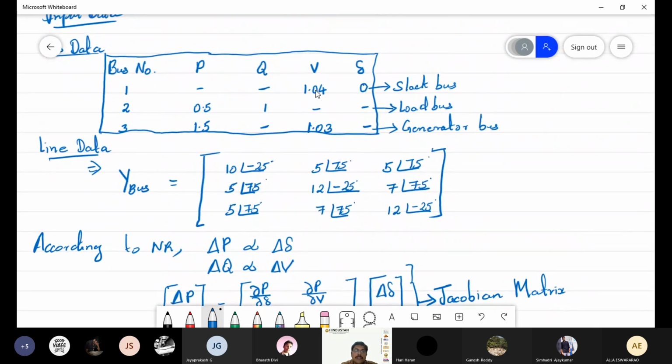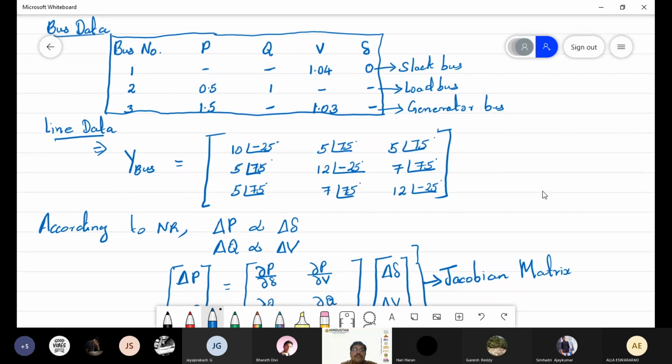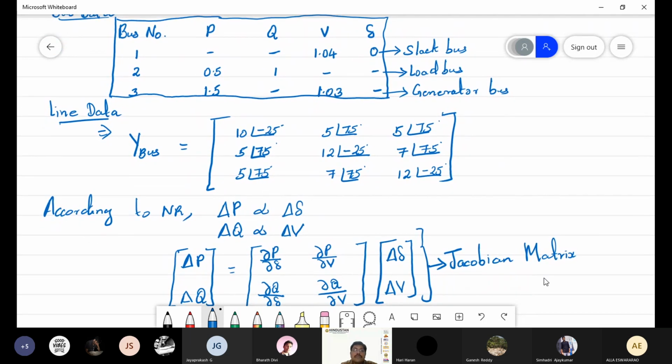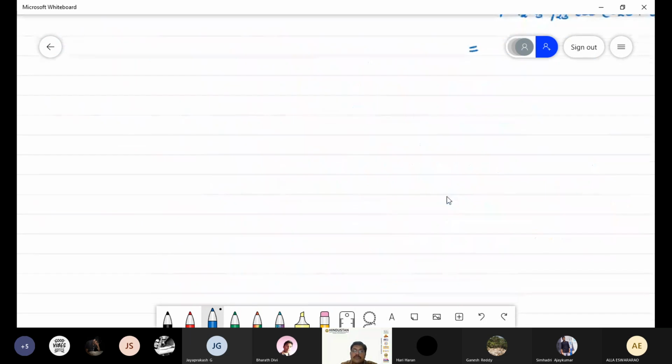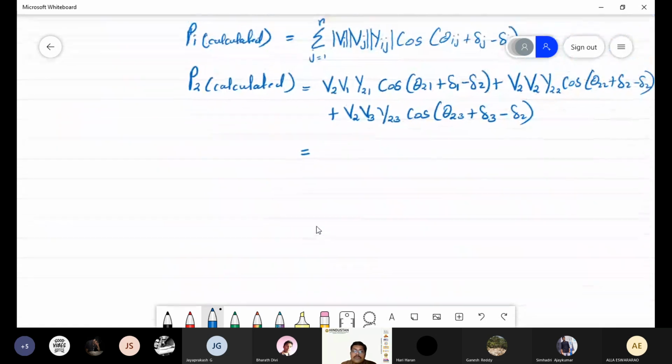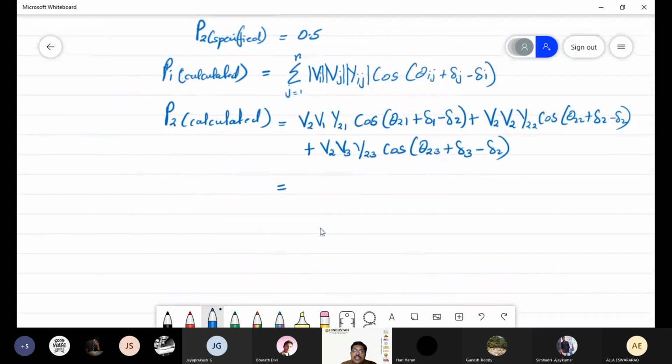V1 value is specified. V2 is not specified, therefore we have to take the flat voltage as we do in the Gauss-Seidel method. V3 is 1.03, V1 is 1.04. Let us substitute one by one.